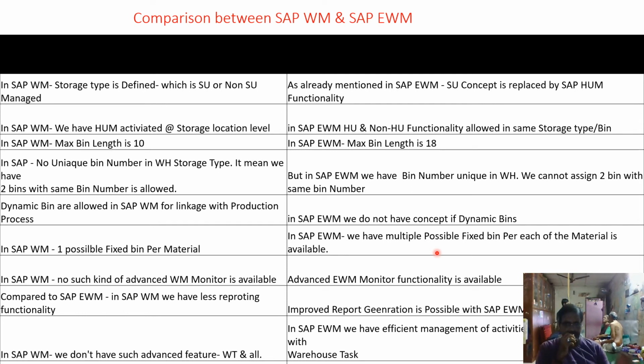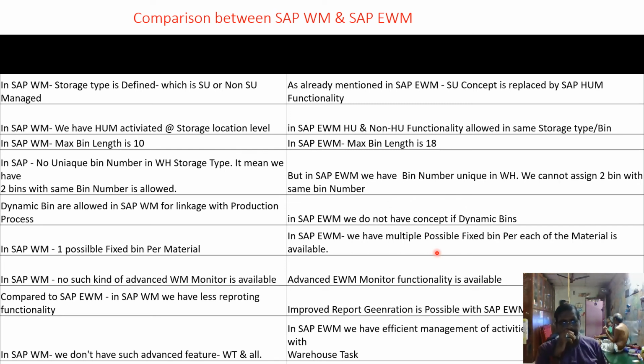We can track which material is related to a warehouse task or warehouse order that is not confirmed. All of this can be tracked using the warehouse cockpit or warehouse monitor. We have /SCWM/MON available in SAP EWM.